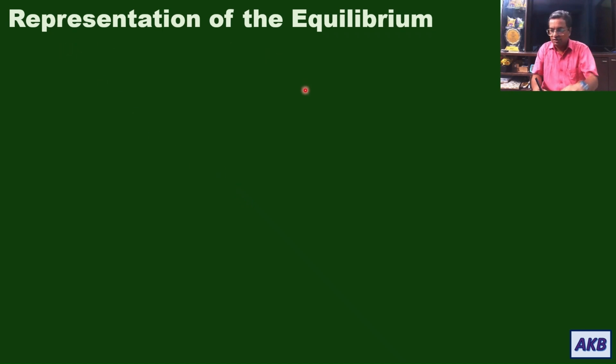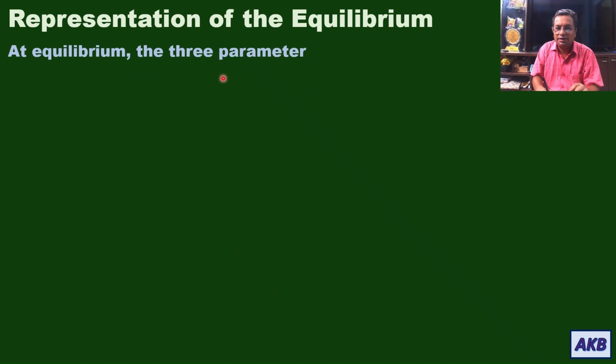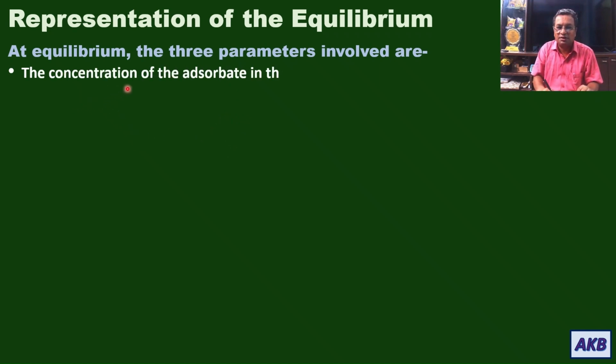So, representation of the adsorption equilibrium. At equilibrium, there are 3 parameters involved. Let us first understand which are these 3 parameters. First is the concentration of adsorbate in the fluid phase. Let me denote it as Ca, because the fluid phase could be a gaseous mixture or a liquid solution.